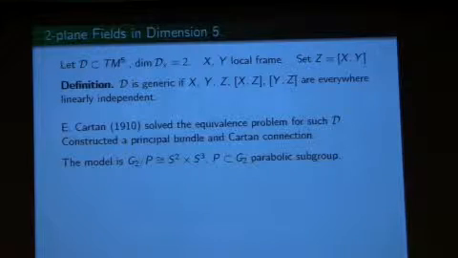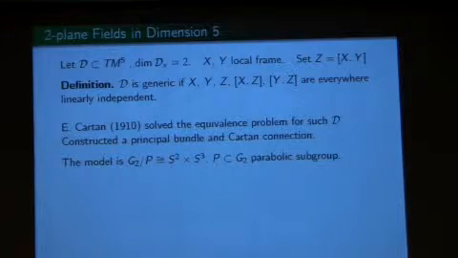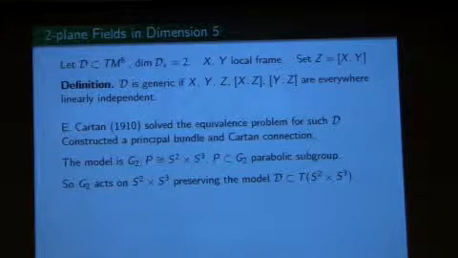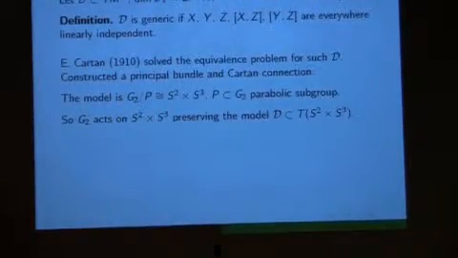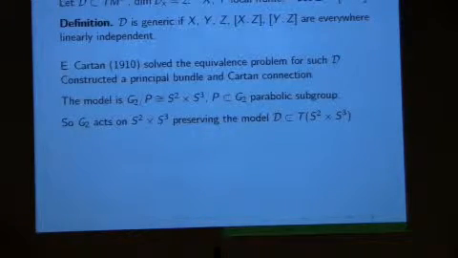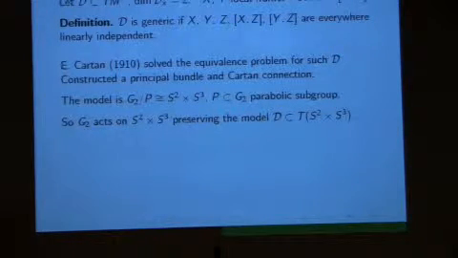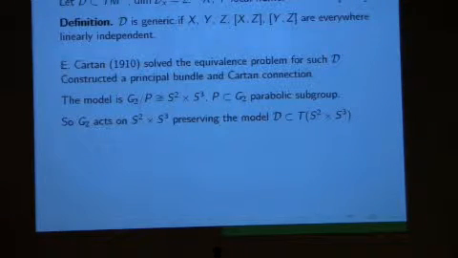To say that's the model space means in particular that S2 cross S3 has a model, a basic two-plane field D. And of course G2 acts on it. It's a homogeneous space and it preserves this model distribution. There's some really nice math that comes in describing and defining this model distribution.